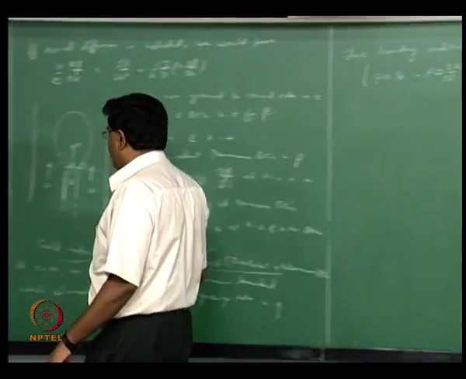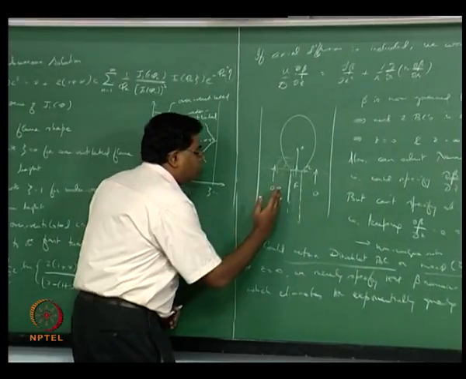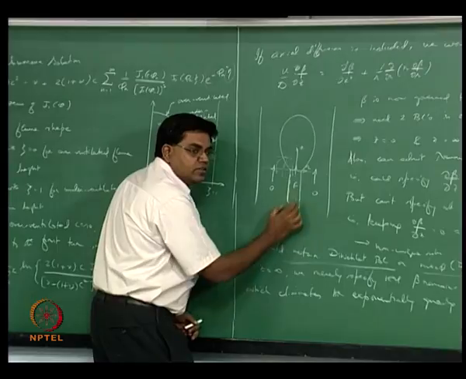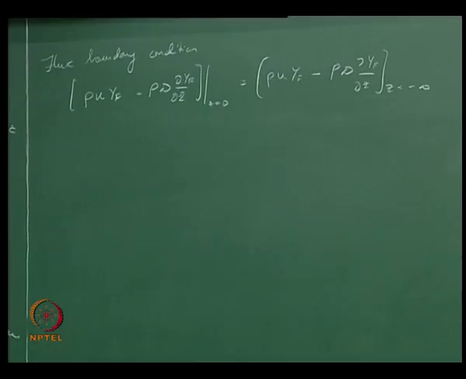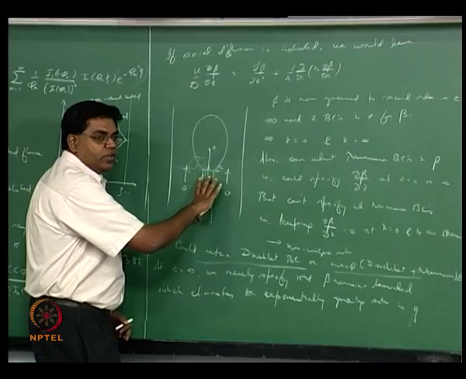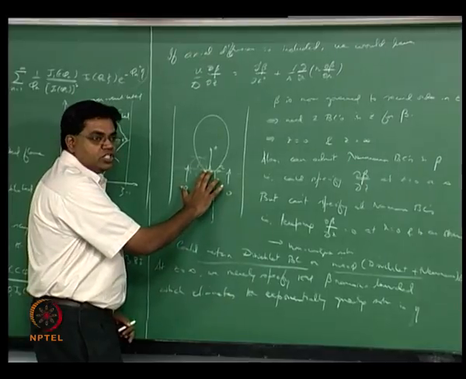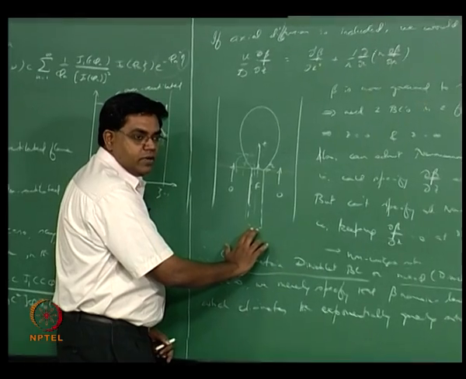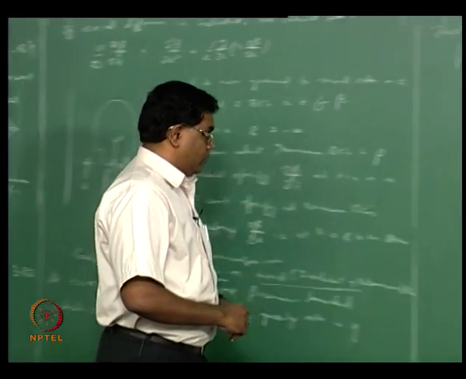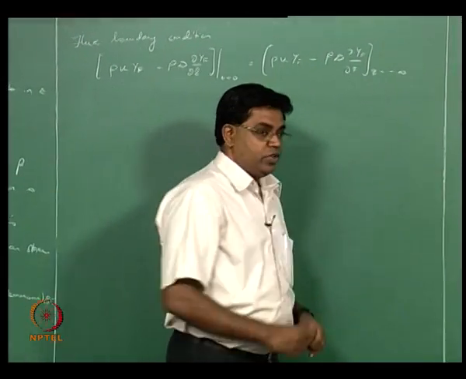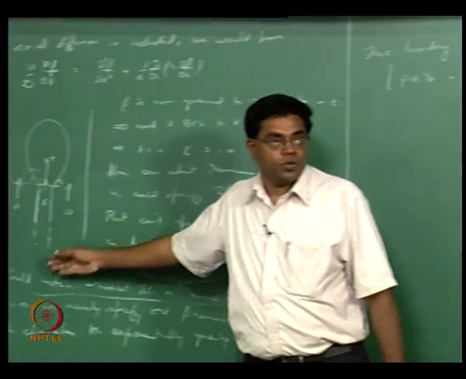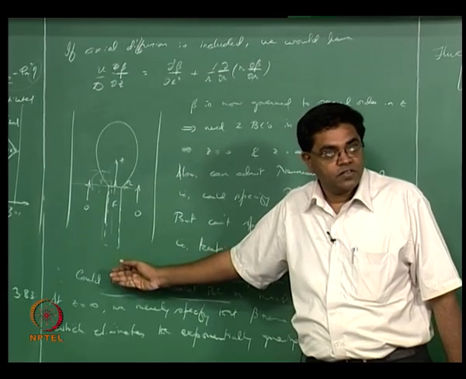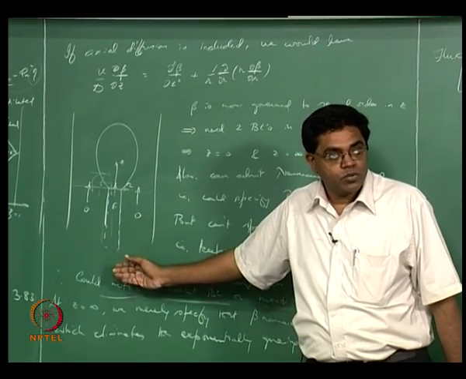There is hardly anything that's going on along the walls. You neither have convection nor diffusion along these walls, right? So the control volume here that we are looking at is having exchange only at this surface and this surface at infinity, far upstream. Far upstream we know that you have pure fuel, and therefore you don't have any fuel concentration gradients, so you don't have any diffusion to talk about, right?